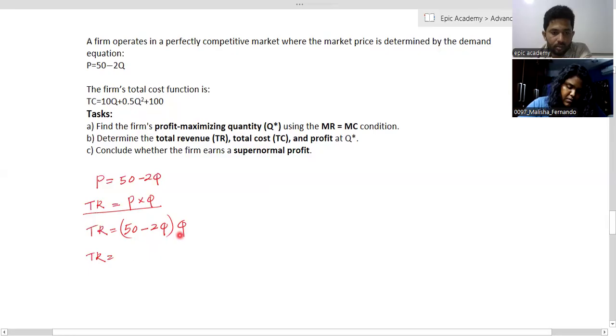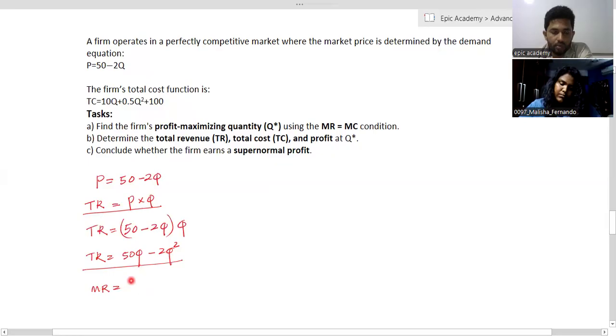TR: 50 multiplied by Q, 50Q. 2Q multiplied by Q, it is 2Q power. Yes. And again, we are going to take the derivative of this total revenue curve to find the marginal revenue curve equation.